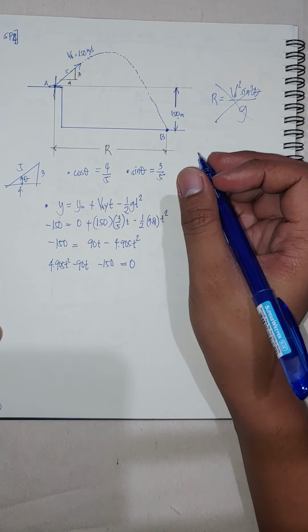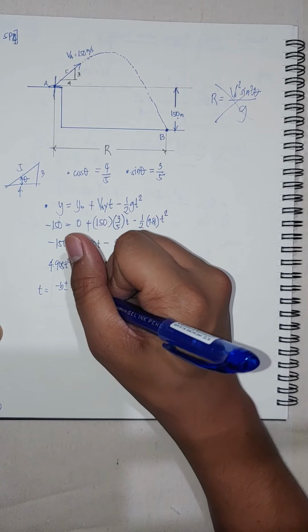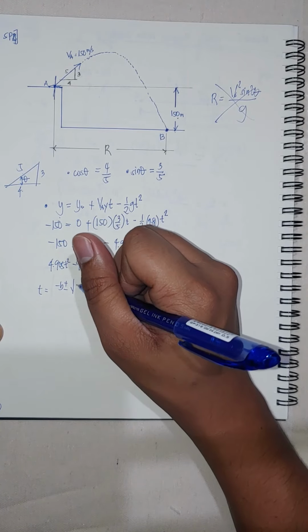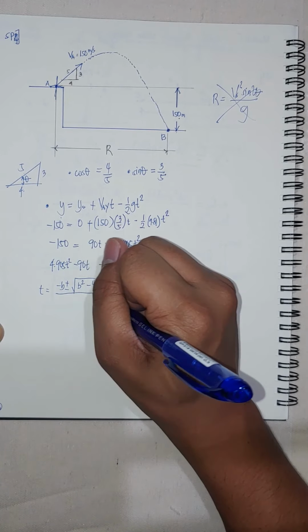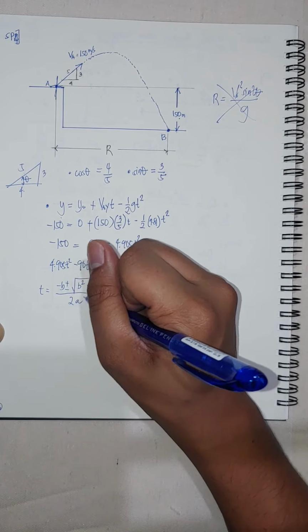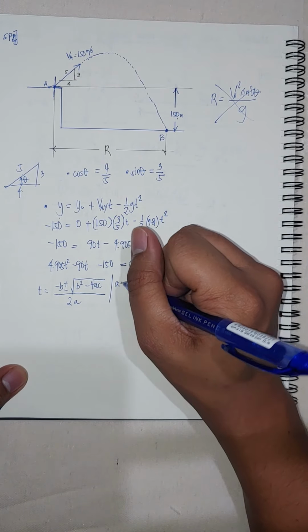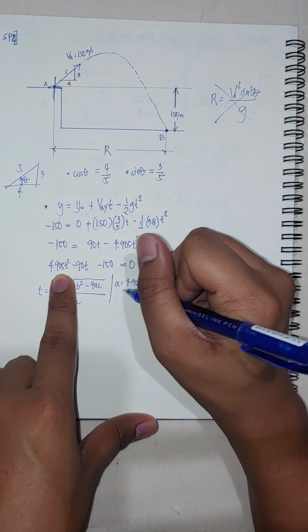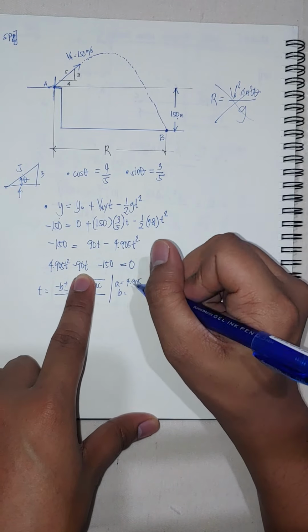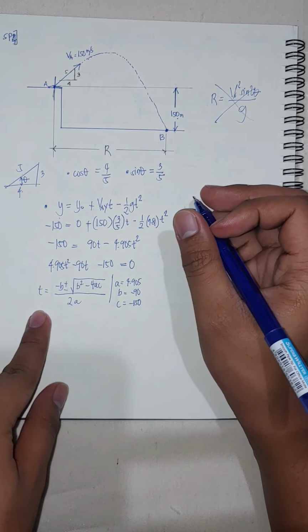Using the quadratic formula, t is equal to negative b plus or minus the square root of b squared minus 4ac, all over 2a. So our a is 4.905, our b is negative 90, and our c is negative 150.